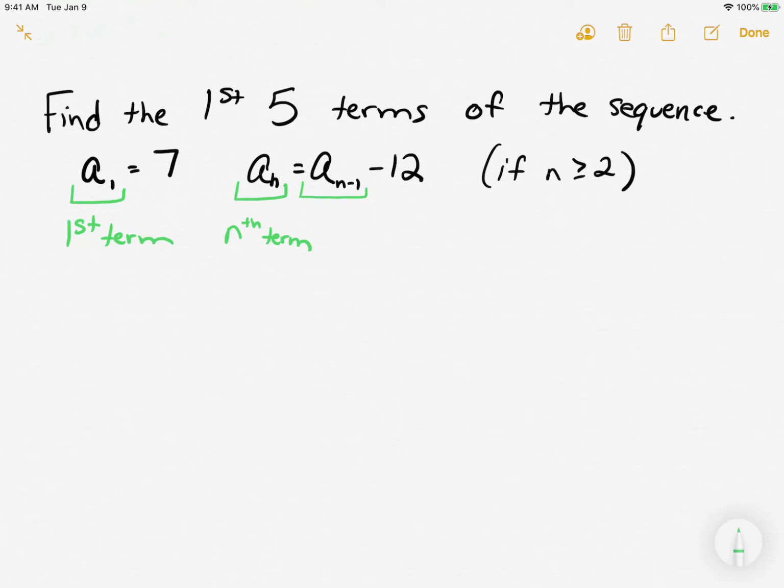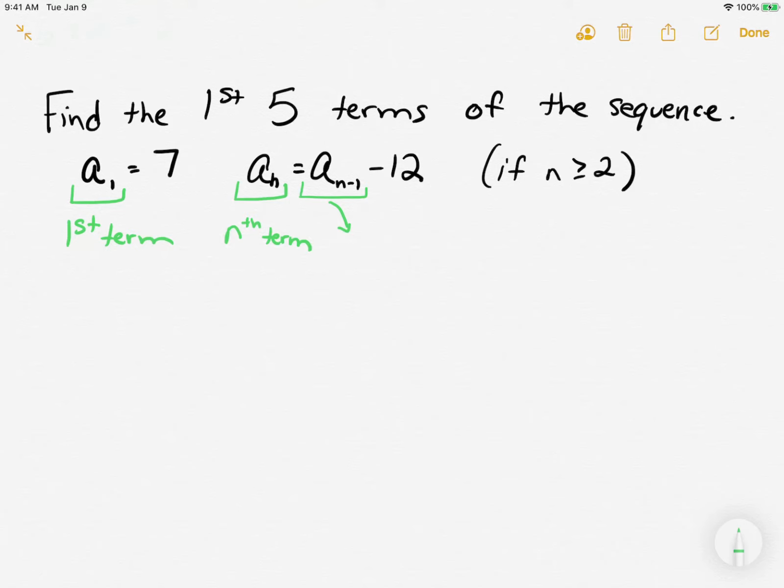But what does n minus 1 mean? It means the nth term minus 1. So if n was 12, the 12th term, it'd be 12 minus 1, which would be 11, so the 11th term.